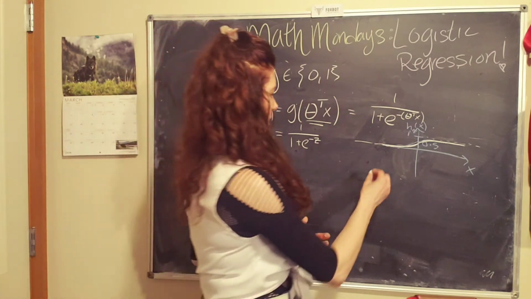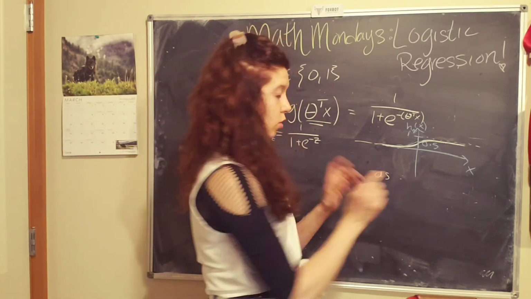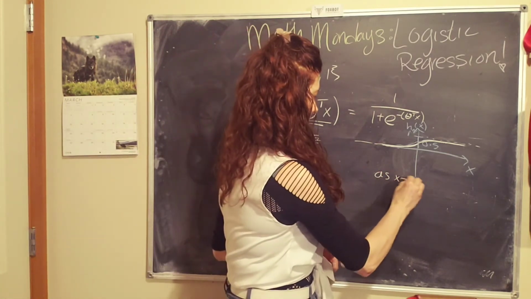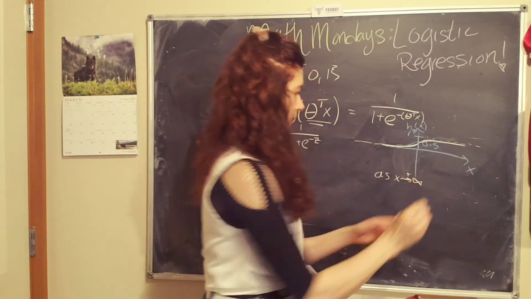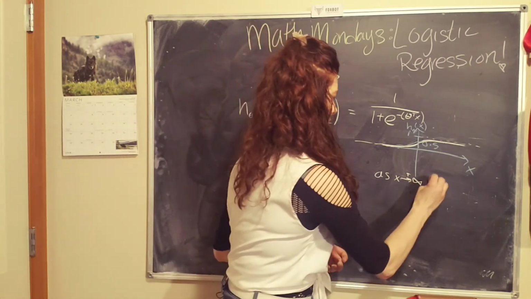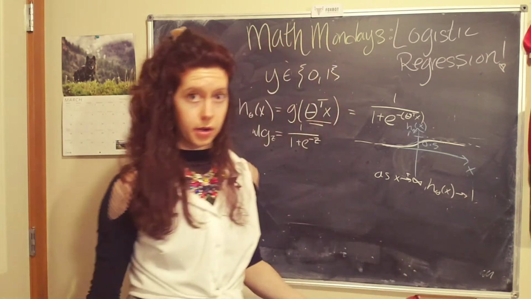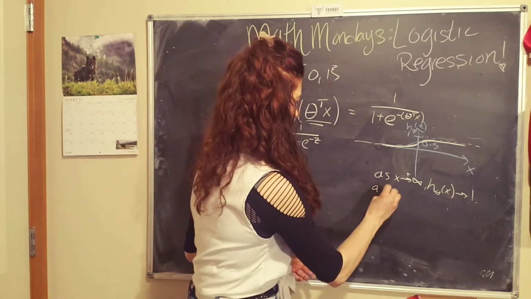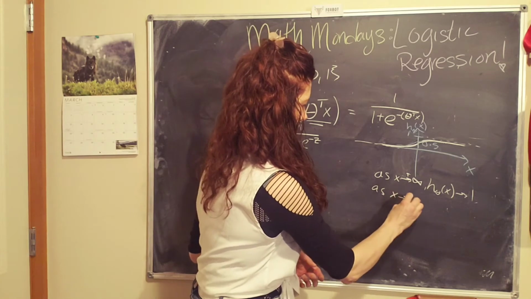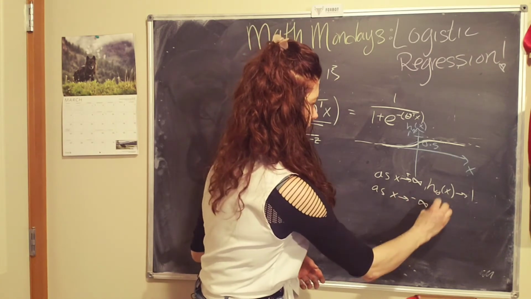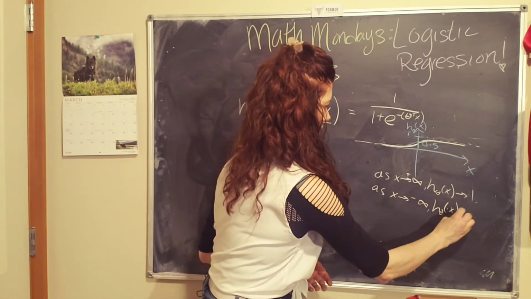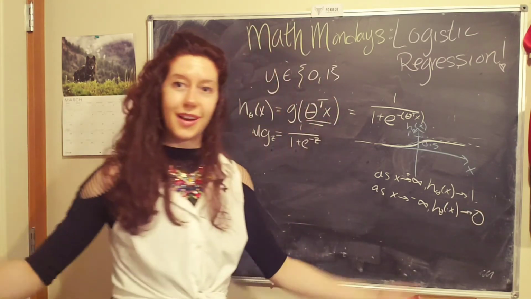And so a key thing to note is that as x goes towards positive infinity, our hypothesis function goes towards 1. And in the other direction, as x goes towards negative infinity, our hypothesis function goes towards 0. Look at that!